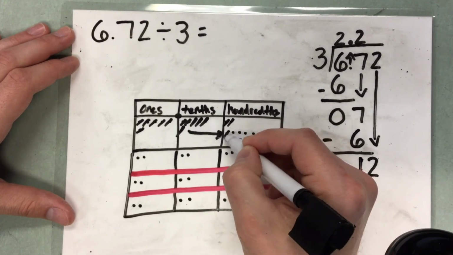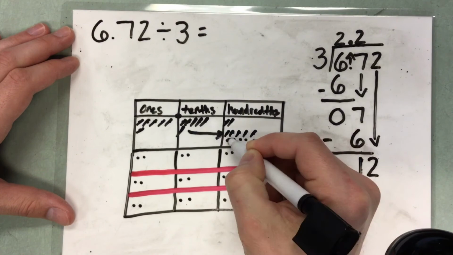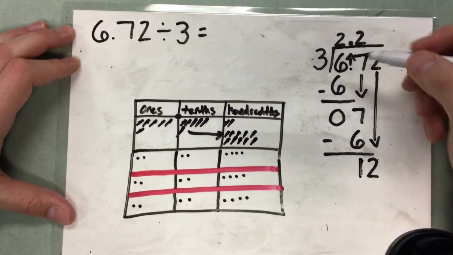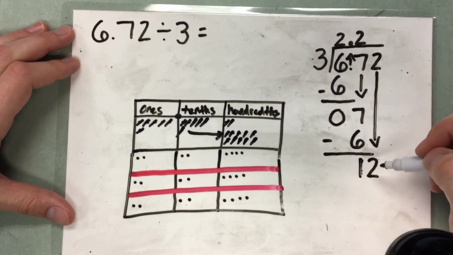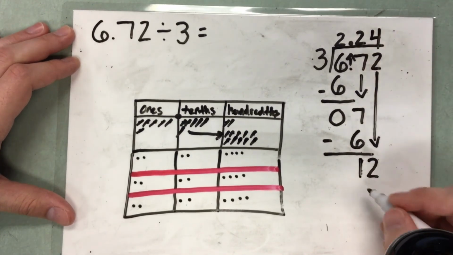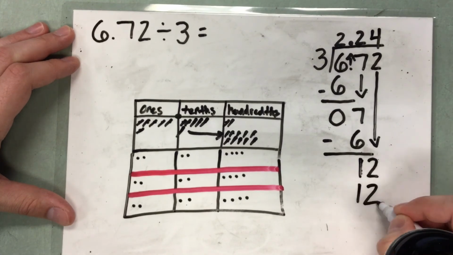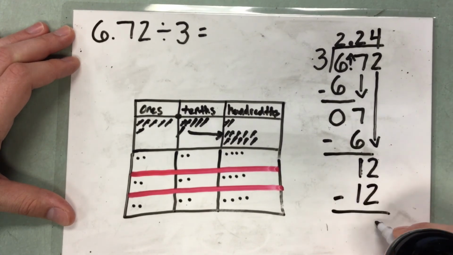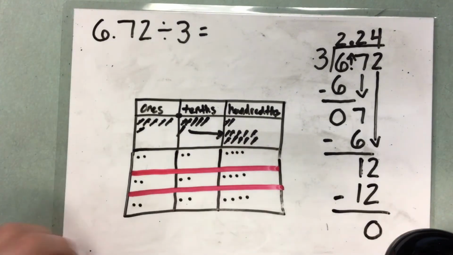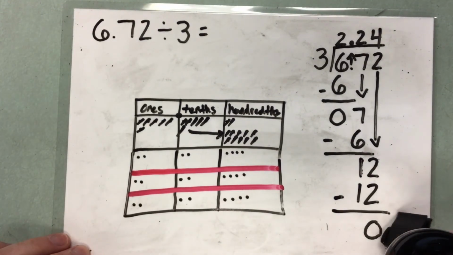So I'm going to mark out all of these because I've shared them equally into my 3 groups. So in my standard algorithm, 3 will go into 12 4 times, which would give me 12. When I subtract, I have no hundredths left. So I have no hundredths left in my place value chart, I have no hundredths left in my standard algorithm.